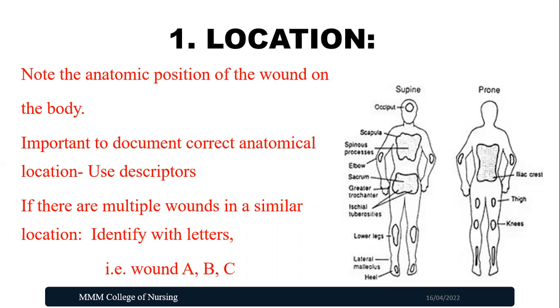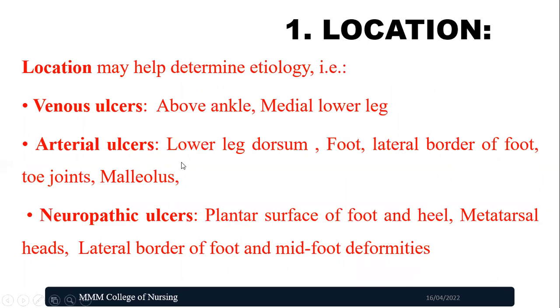If the wound is multiple, then you can identify the wounds with letters such as A, B, C, and the measurement can be taken on any wound as a single wound measurement. Location may help to determine the etiology of the wound. Sometimes the wound will be determined based on the etiology.